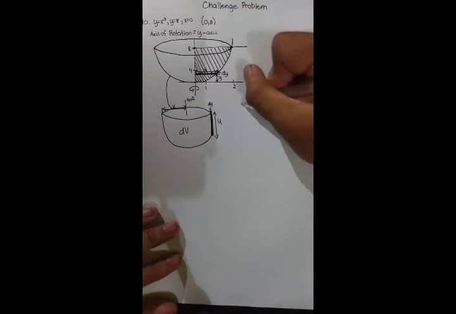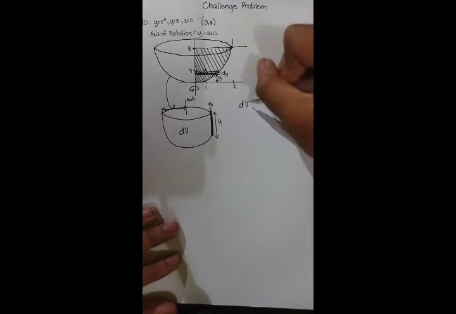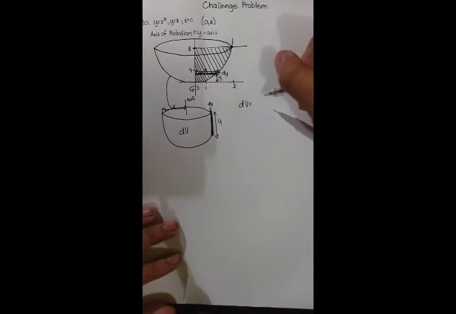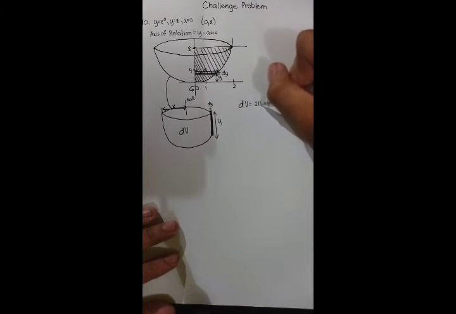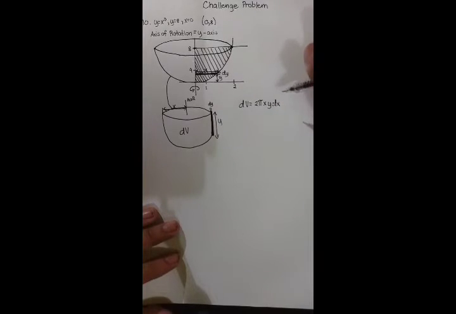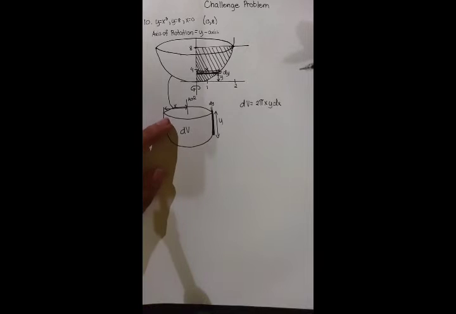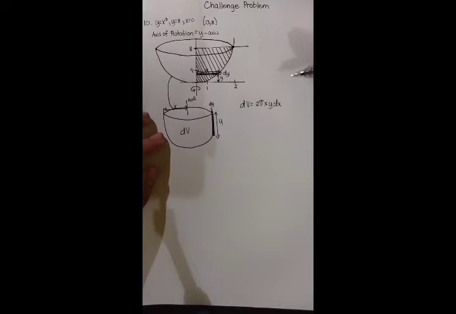So, the derivative of the volume is equal to, the formula that we're going to use is 2 pi x y dx, because using the shell method, we're going to solve the circumference of the graph.